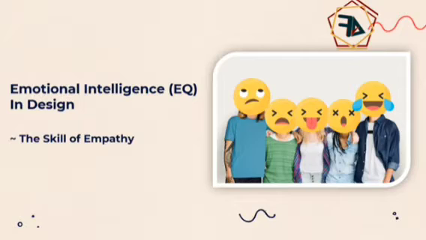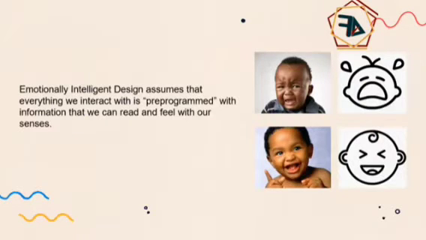actually take it seriously or see it as a necessary skill or a necessary part of everyone's life. So emotional intelligence assumes that everything interacts with programmed information that we can read and feel with our senses.